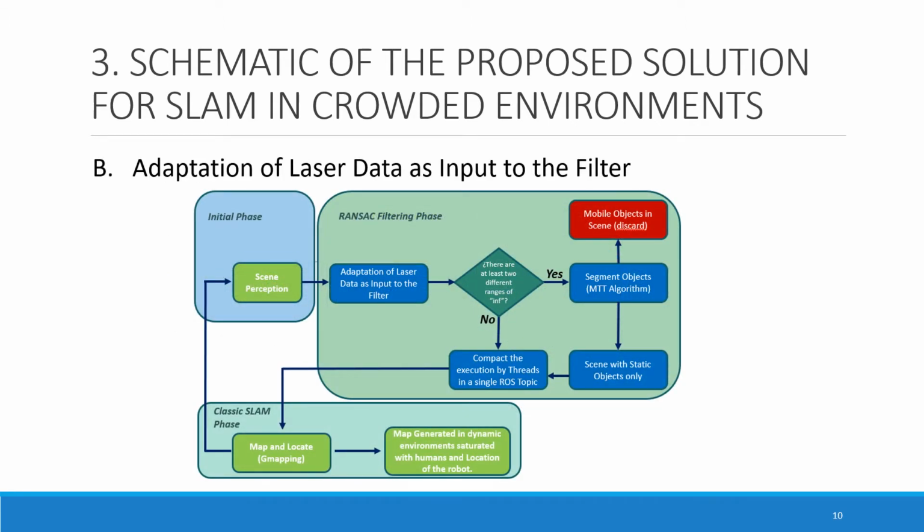The adaptation of laser data as input to the filter module comprises the management of the type of messages provided through the sensors to be manipulated. This module translates those messages representing the characteristic of a type of sensor data, such as coordinates, distance, and orientation, so they can be understood and processed later by the filter as appropriate.